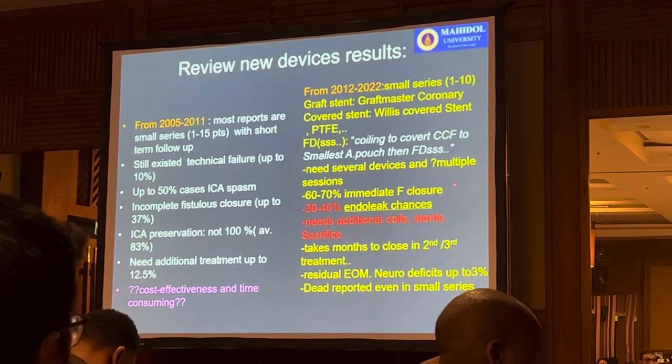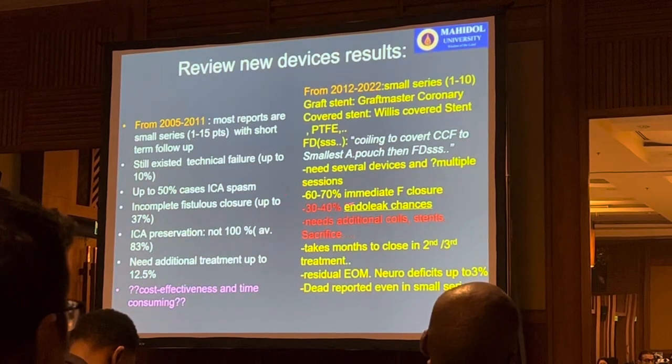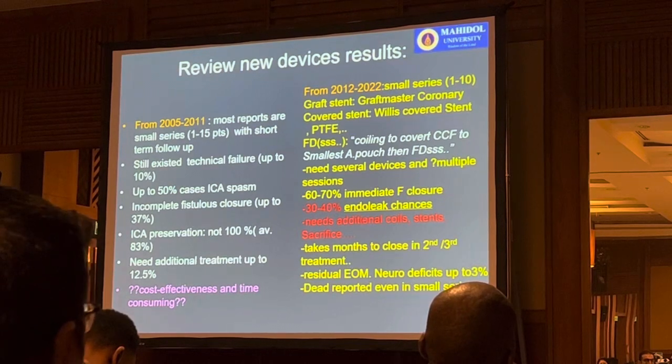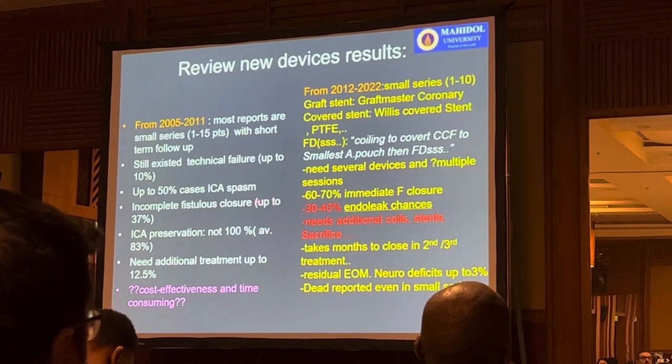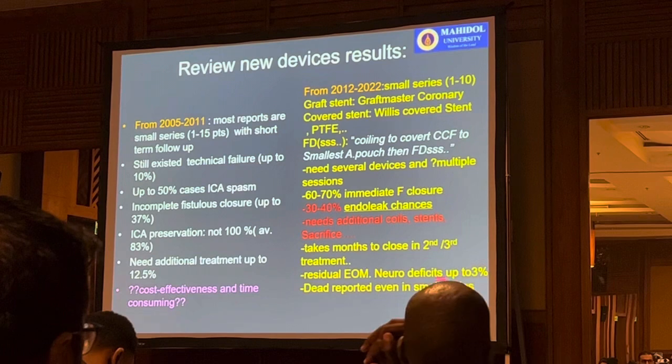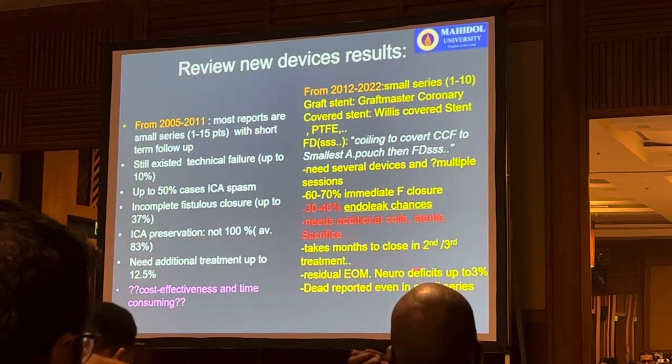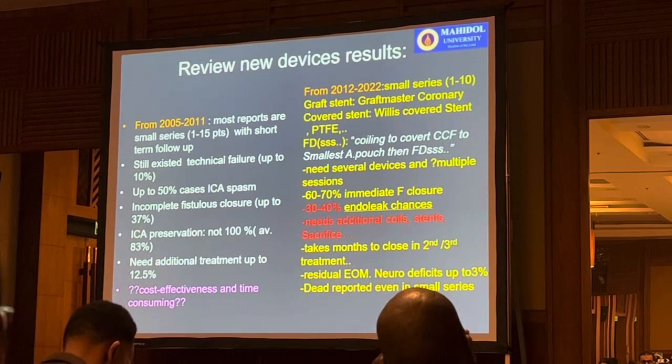And immediate fistula closure is only up to 70%, it's not 100%. Endoleak can be 30 to 40%. And it needs additional coils, stent, even sacrifice finally. So it takes months to close, and there are still residual neurological symptoms, and there are death reports related to the thing.